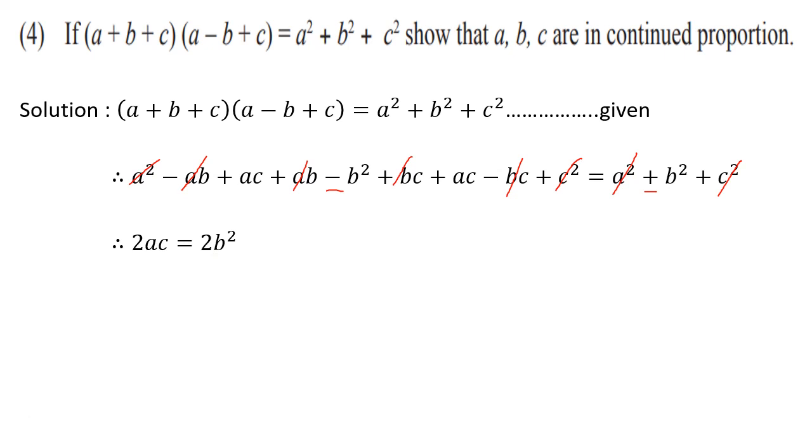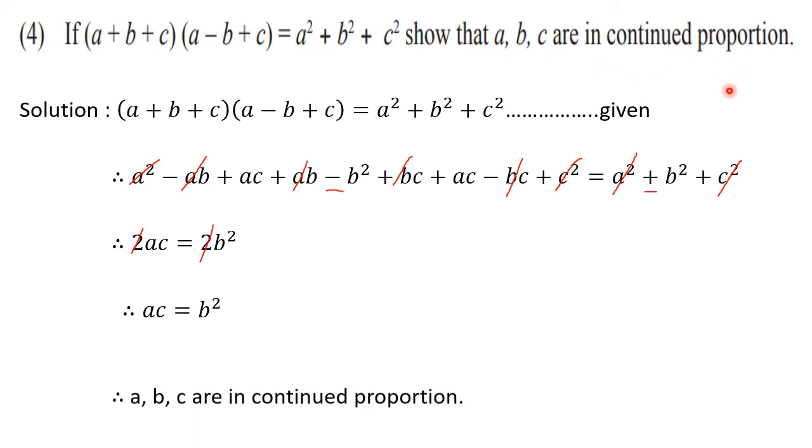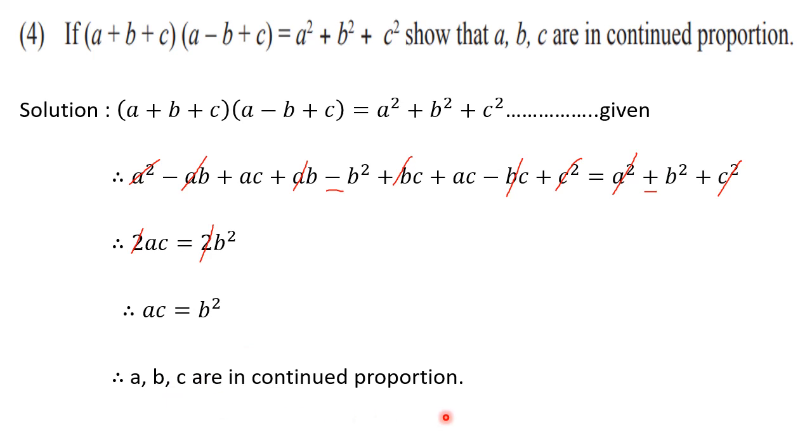Again, these 2 on both the sides we can cut. We can divide both the sides by 2 and it will get cut, and we will get B square is equal to AC. Now, as I have said, B square is equal to AC means A, B, C are in continued proportion. So we have proved that A, B, C are in continued proportion.